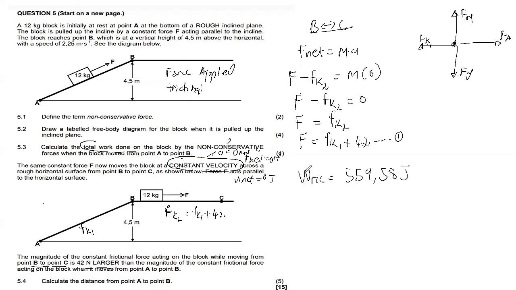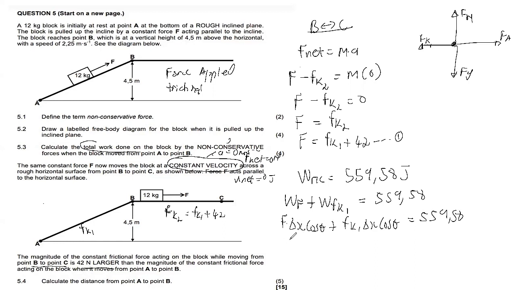But then we are saying the total work done by non-conservative forces is comprised of the work done by the force applied plus the work done by the frictional force 1, which is on the incline between A to B. Then this is 559.58. Now we can further break this down to F delta X cos theta plus Fk1 delta X cos theta.